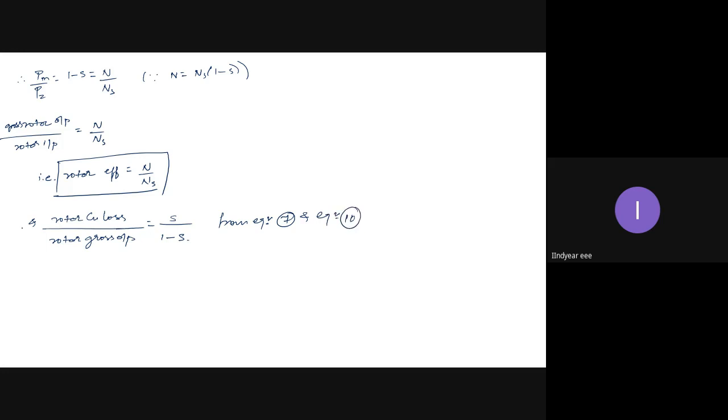So this is all about the power relations, torque relations, and slip relations of an induction motor.